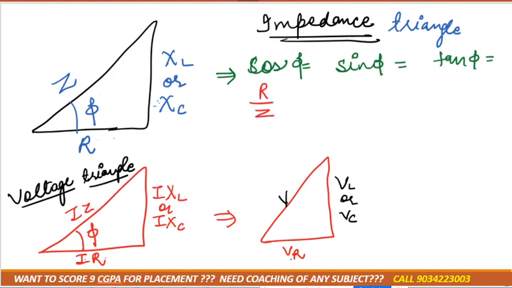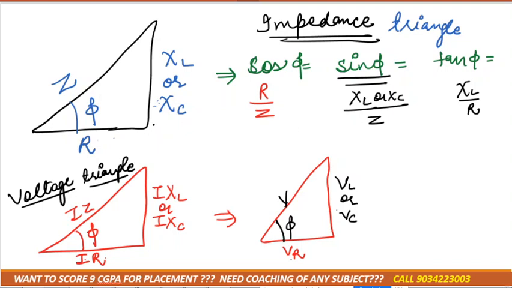That is R by Z. Sine phi is how much? P by H. So XL or XC by Z. Okay. And tan phi is how much? XL by R. Got it? Similarly, we can get sine phi, cos phi, and tan phi from this triangle also.